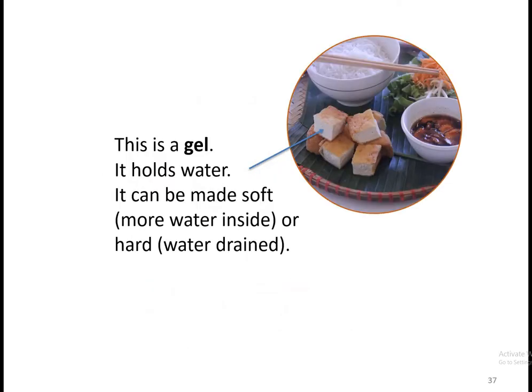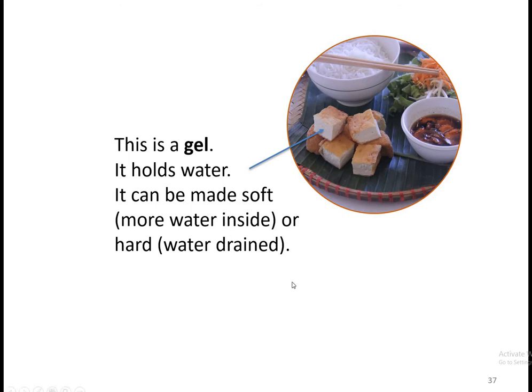I like to use tofu as a model of a gel because during preparation of tofu, it is possible to make tofu hold more water, therefore it is soft, or you can make it hard by draining the water.